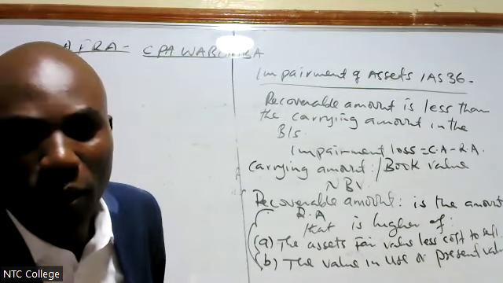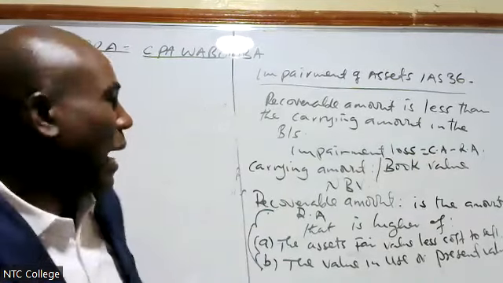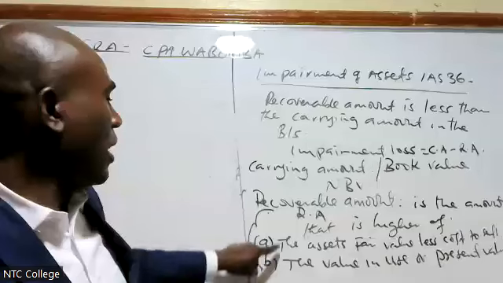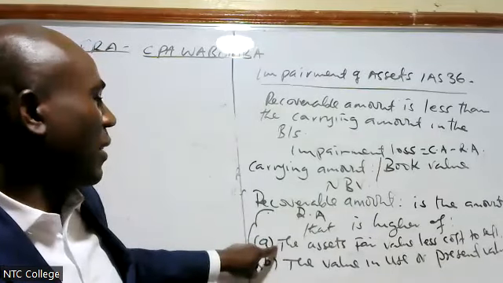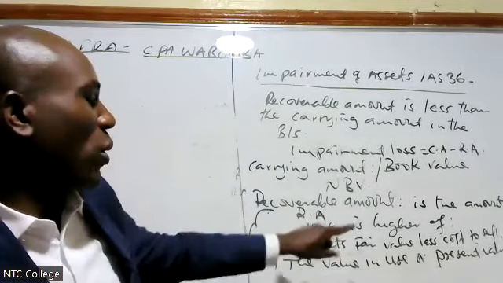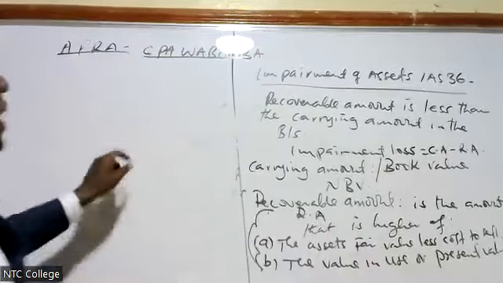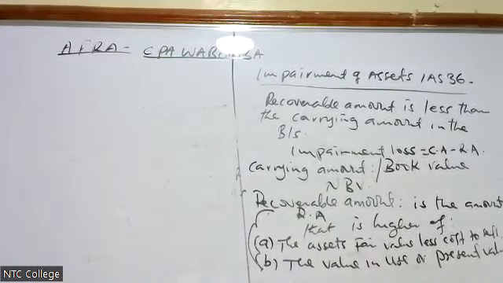That is where I was headed. I want to explain the meaning of these two terms: the asset fair value less cost to sell, and the value in use, or the present value. That's why I'm cleaning the board here.